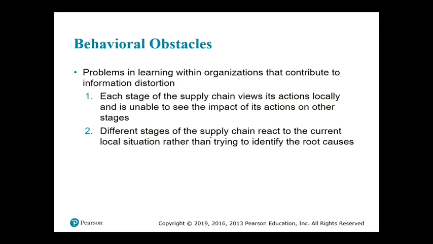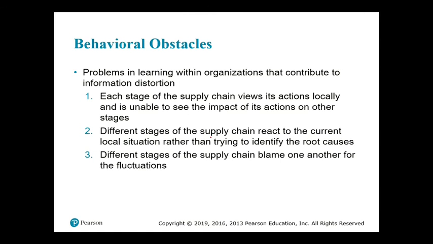And also, everybody will see the situation locally, trying to react to not meeting the immediate demand, or not getting the direct supply, rather than identifying the root cause of the problem. And also leading to different parties blaming one another for the fluctuation, leading to less trust and a significant duplication of effort.